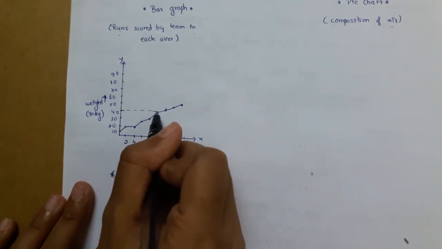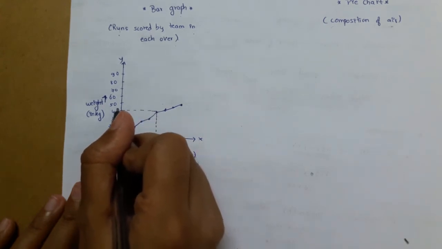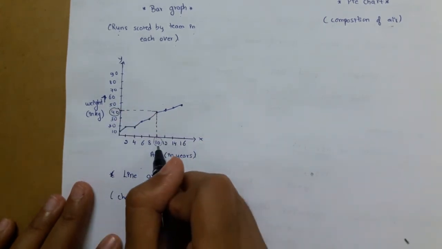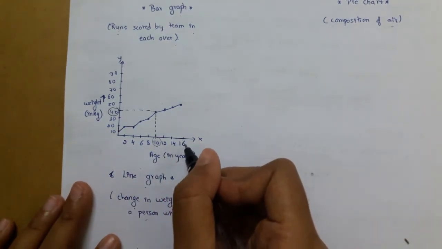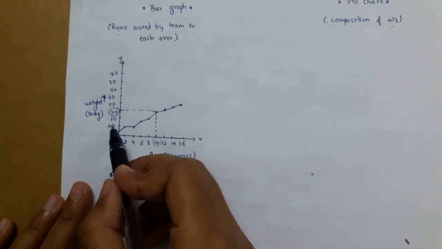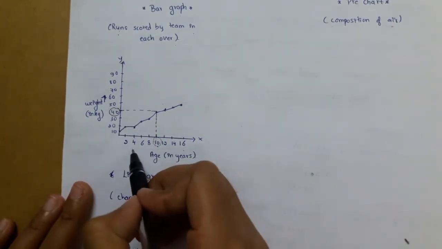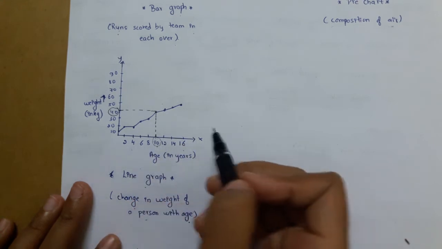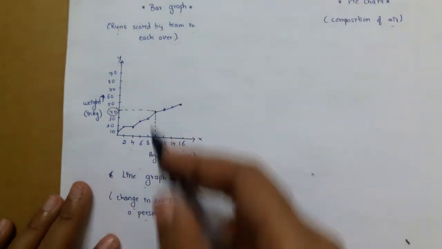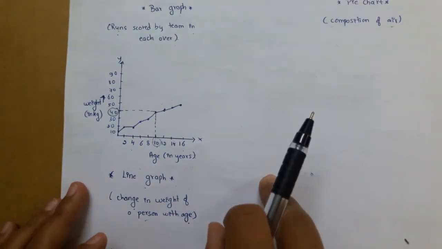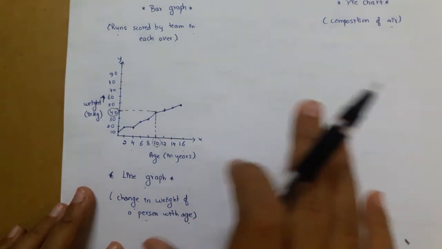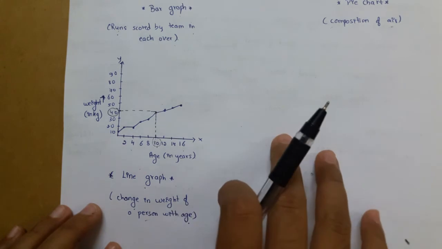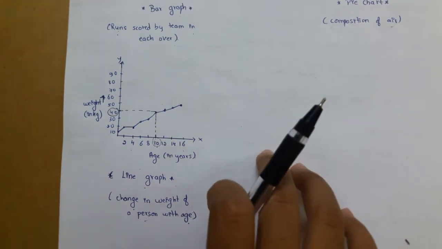So you can see his weight was around 40 kgs when he was at the age of 10. From this you can easily get what his weight will be when his age is 16, or when his age was 4 years, like that. So all these graphs represent the quantity, and it is easy to get the quantity by representing it in terms of a graph.